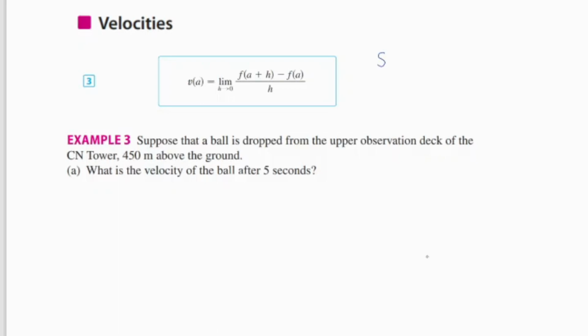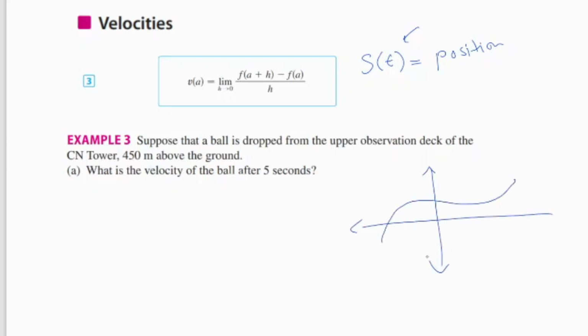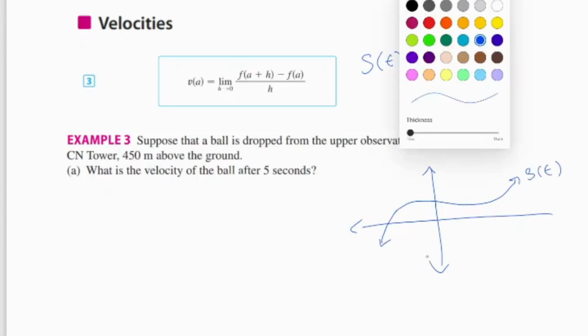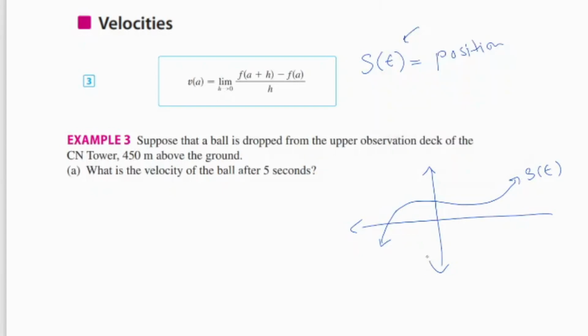If I have the position curve s of t, which depends on the time, s of t is the position curve. What is the velocity?